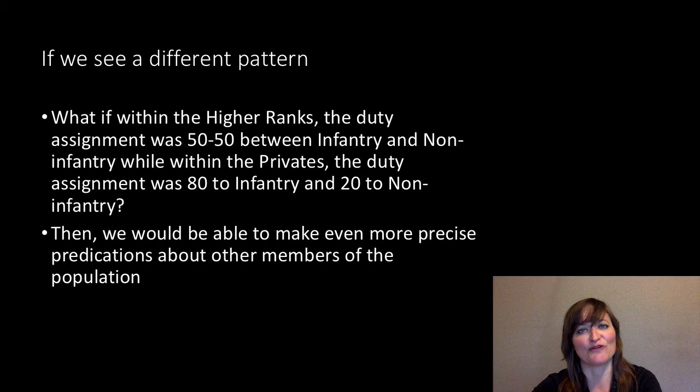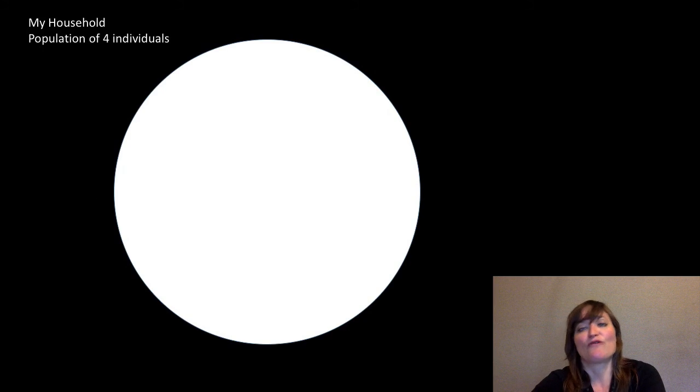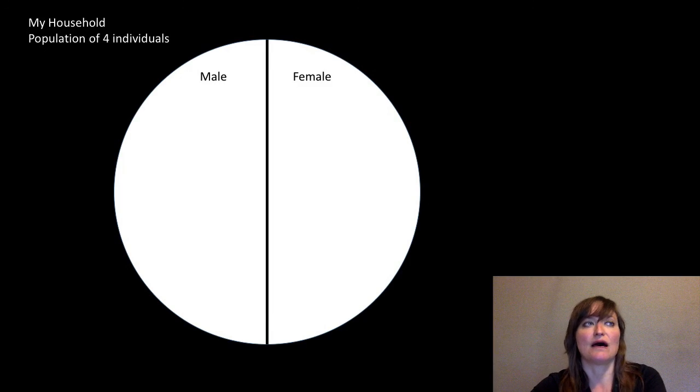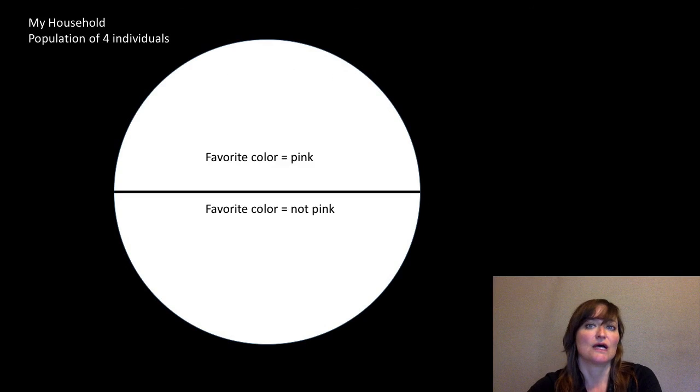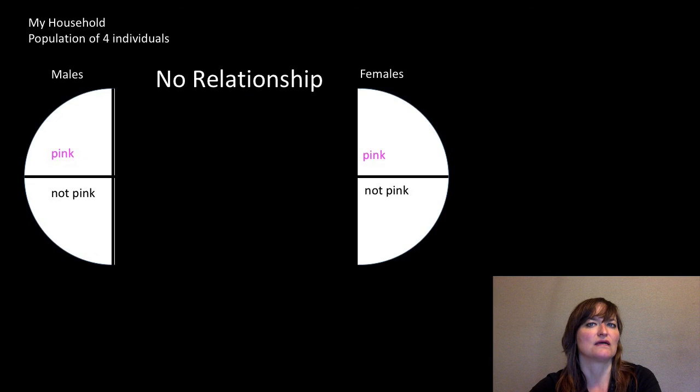Here's another example for you. If I told you that there were 4 members of my household and half the members of the household were female and half were male, and then I told you that half the members of the household have pink as their favorite color, you could ask, is that independent of gender or is that related to gender?